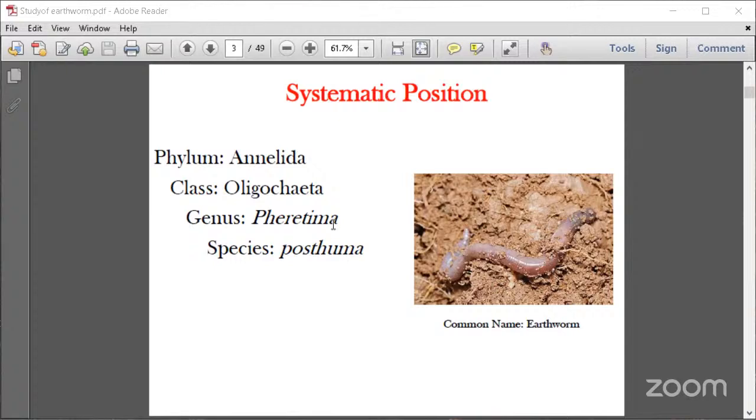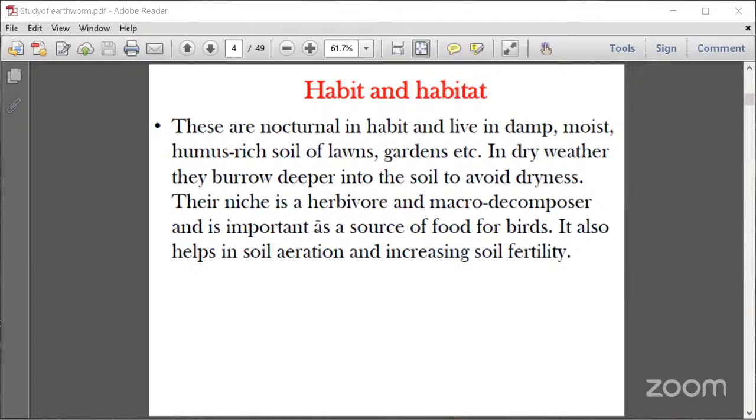Here, first we have to read the morphology and anatomy. Before that, the systematic position of earthworms: phylum Annelida, class Oligochaeta, genus Pheretima, species posthuma.